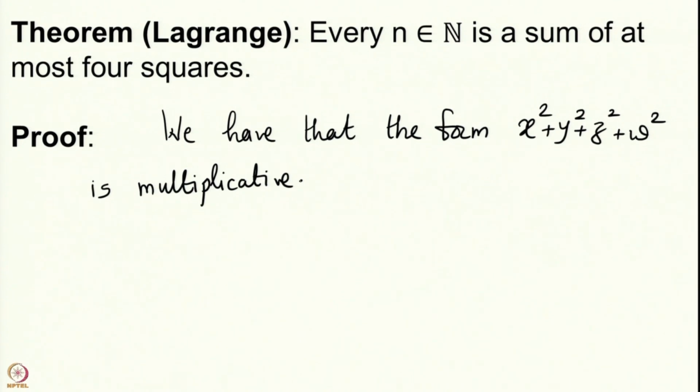Let me recall it for you that we have given two proofs of this. We actually proved that x square plus y square plus z square plus w square is the determinant of a special type of matrix. And further, if you take any two such matrices and take their product, then the product is again a matrix of the same form. And therefore, the numbers which are represented by these forms have the multiplicativity property, because if you have x square plus y square plus z square plus w square into a square plus b square plus c square plus d square, you will write both of them as determinant of some matrices of that form.